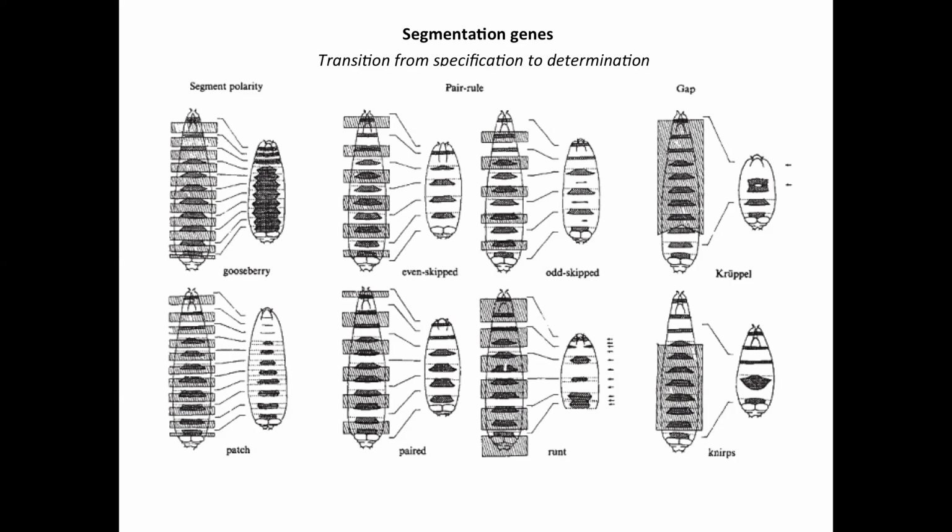So any of these signaling pathways did not appear in this, but they appeared in the segment polarity types. The entire subset of the gap and the pair rule genes are actually all transcription factors.